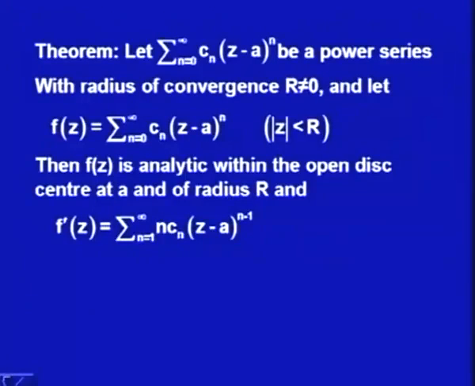This means that if this power series represents f(z) and f(z) is analytic, then its derivative will also be represented as a power series and it is analytic. Not only this, but if you differentiate this series term by term, then it will represent the function f dash z.